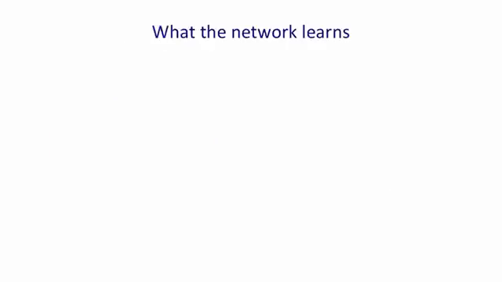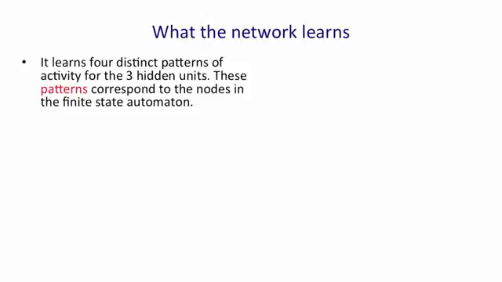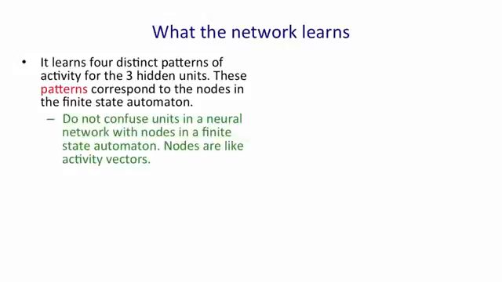It's interesting to look at what the recurrent neural network learns. It learns 4 distinct patterns of activity in its 3 hidden units, and these patterns correspond to the nodes in the finite state automaton for binary addition. We must not confuse the units in a neural network with the nodes in a finite state automaton.